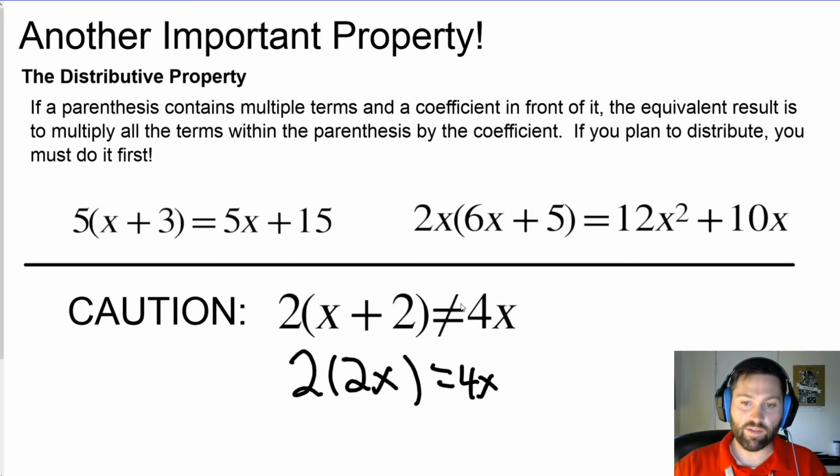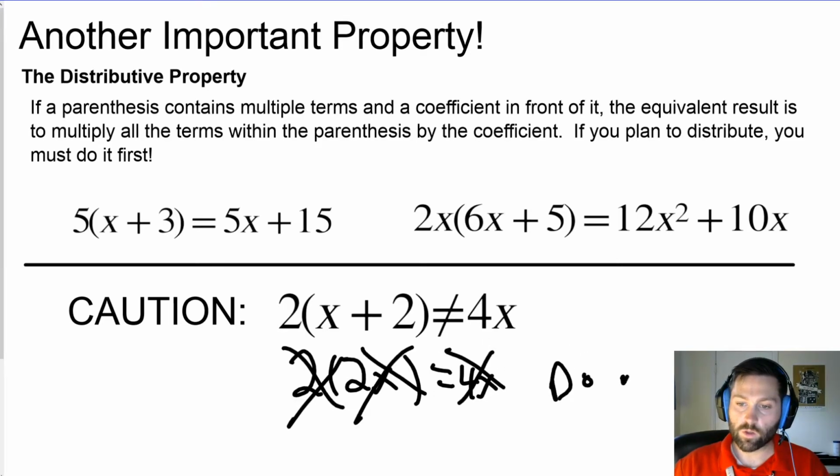So that's how they arrive at this fake answer here. This is not correct. Do not do this. Do not attempt this. This is incorrect. So if you find yourself thinking that you need to combine x plus 2, you can't. They are not like terms.